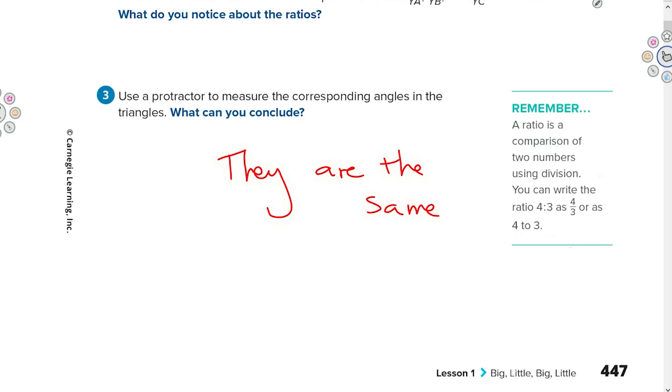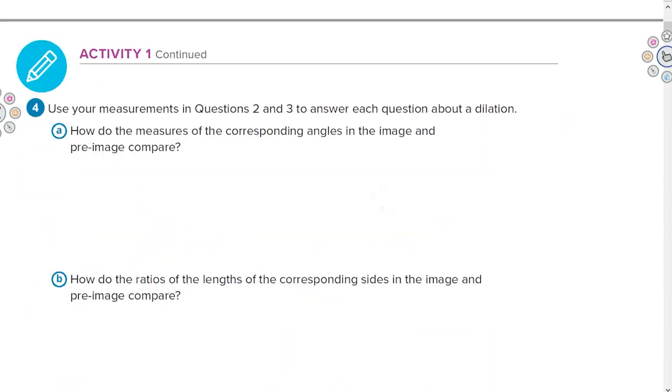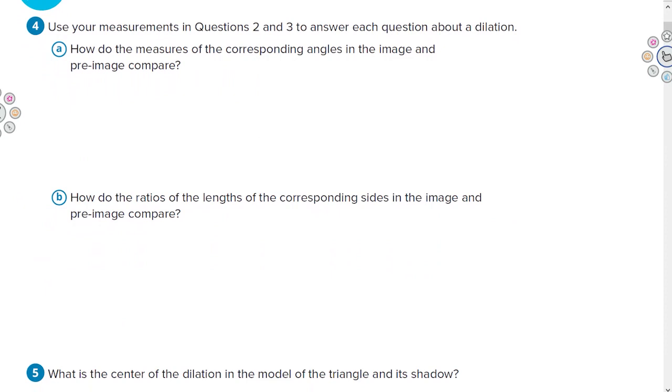If you need to pause the video for students to write, that's fine with me. Number 4, use your measurements in 2, the ratios, and 3, the angles, to answer each question about a dilation. How do the measures of the corresponding angles in the image and the pre-image compare? They are the same. So for a dilation, angle measure is preserved. It doesn't change.